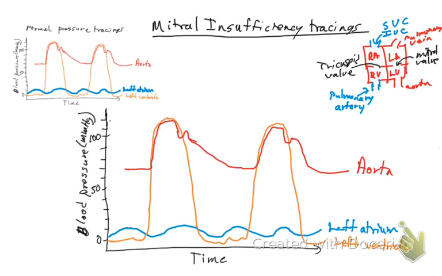So the aorta will have the same pressure, the left ventricle is going to have the same pressure, but the pressure of the left atrium is going to increase, because when the valve closes, because it's weak, it cannot.